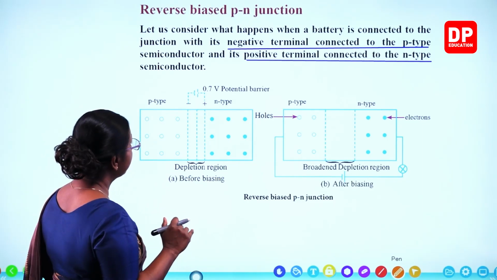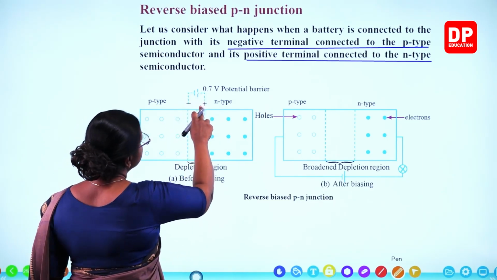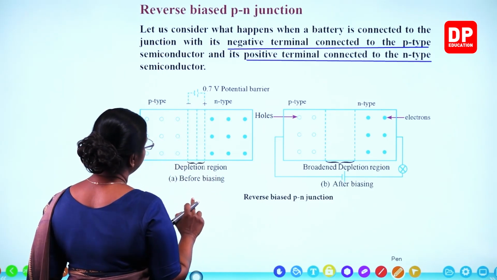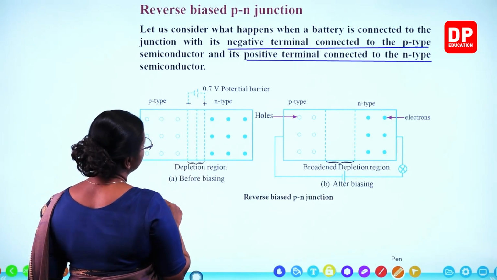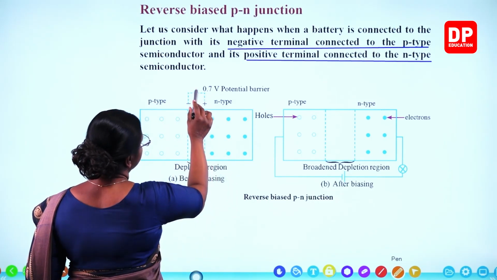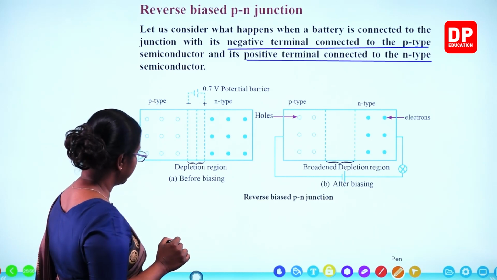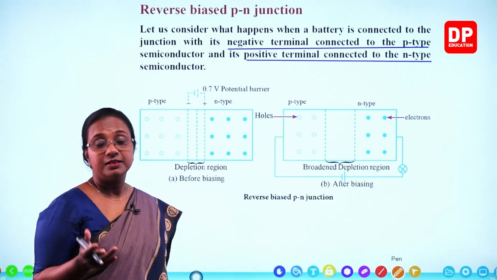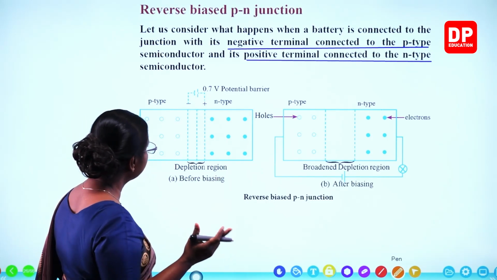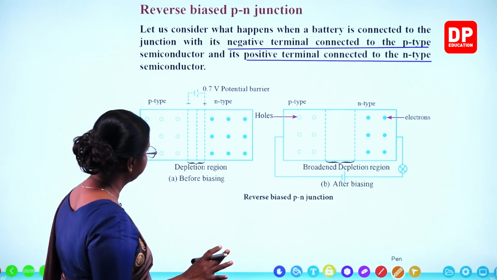What happens is, you can see this is like a hypothetical battery where the P region is connected to the negative potential and the N region is connected to the positive potential. That is why it is a potential barrier. The depletion layer or the depletion region is a potential barrier.